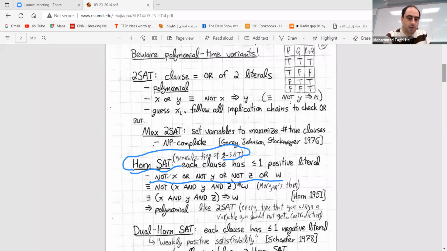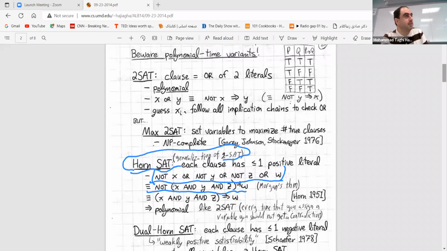So we have not of x, so this is one clause: not of x or not of y or not of z or w. Good. Whenever we have such a thing, we can represent it with this formula. By De Morgan's theorem, not of (x and y and z) becomes not of x or not of y or not of z.